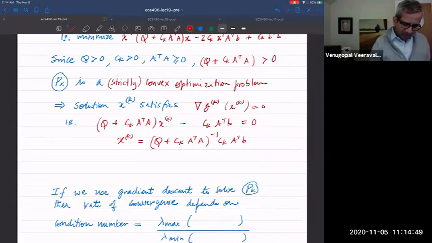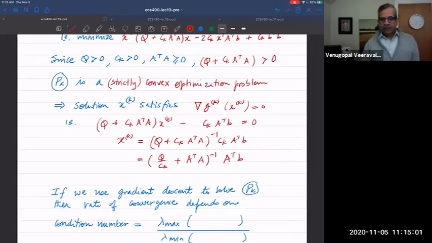So xk equals Q divided by CK plus A transpose A inverse times A transpose B. That's the unique solution for xk.